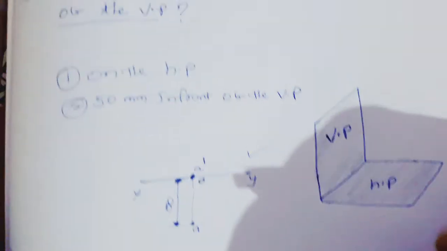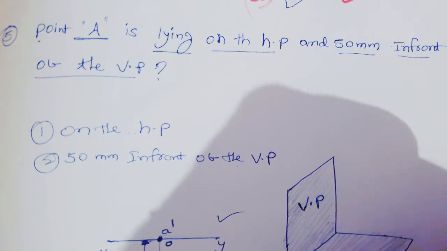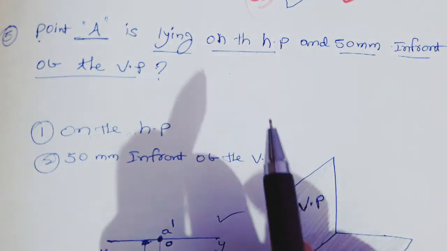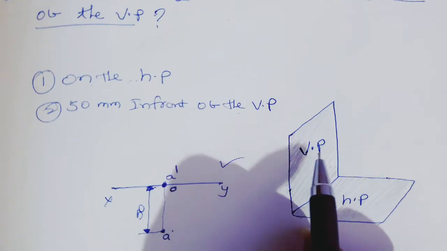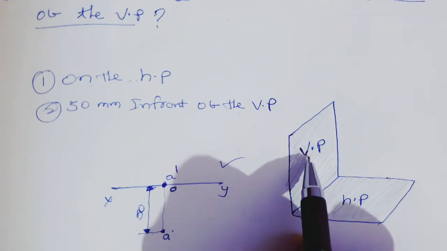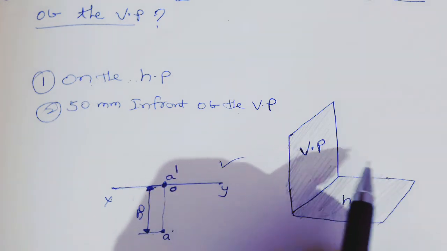So what is given? On the HP, A is lying on the HP, the point A is lying on the HP 50 mm in front of the VP. This is a 50, this is a VP, vertical plane, 50 mm in front. That means from this side.